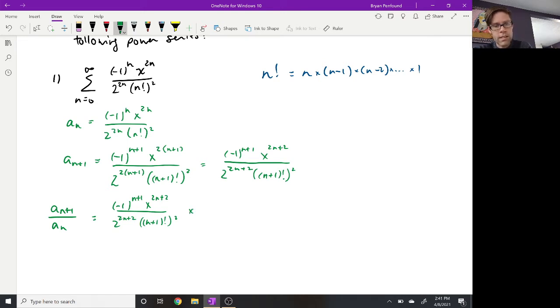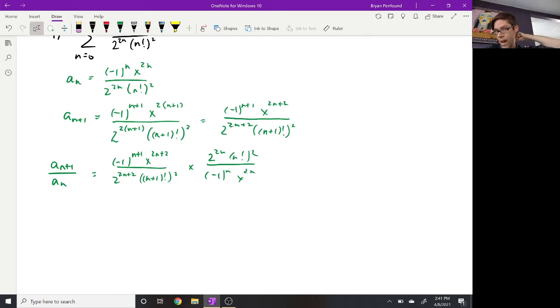And dividing by a sub n is really like multiplying by the reciprocal. So it's really like multiplying by the following expression. Okay, so now our goal is to try to simplify some of this stuff as best we can using our power laws. Okay, good luck.